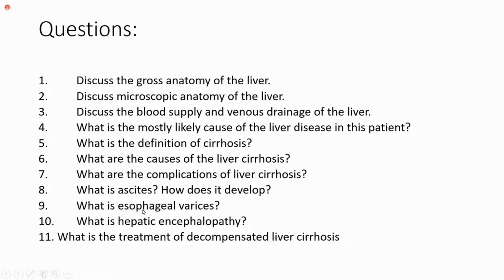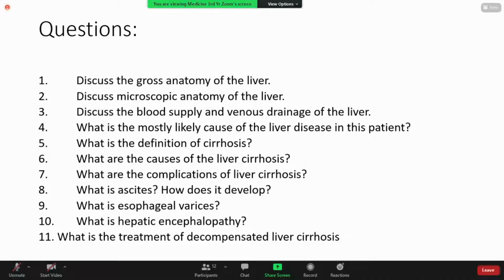What is esophageal varices? Dilation of veins when there is a shunt between the portal and the systemic circulation. Excellent. Dilated tortuous esophagogastric veins at the site of the portosystemic anastomosis.